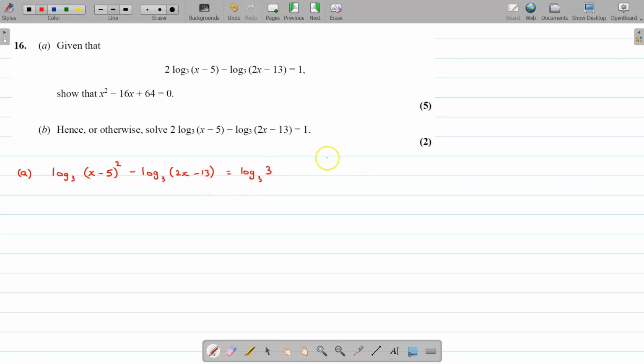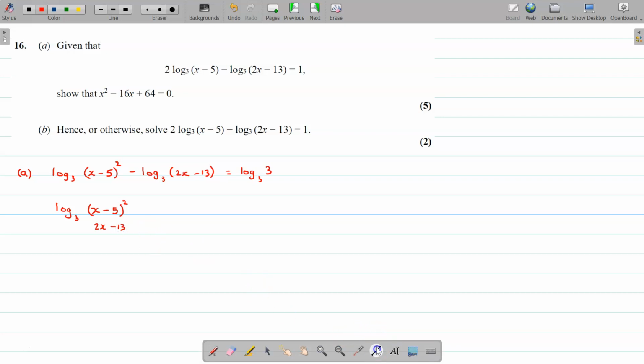And that's using the idea that if we have all the terms in the same based log, we can remove it at some point. And we're going to do that very soon. But beforehand, we've got one more thing to do, and that is to recognize this as a division. So it's log to base 3 of x minus 5 all squared over 2x minus 13.